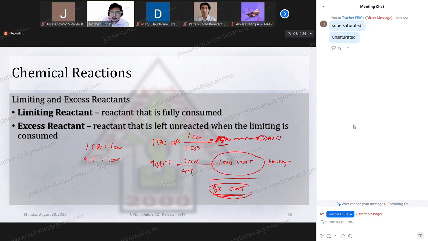Okay? So which means 1 CB plus 4 tires yields 1 car. Okay? So this is how we define that equation. But you cannot produce more cars if you have an excess, since this is limited. Okay?